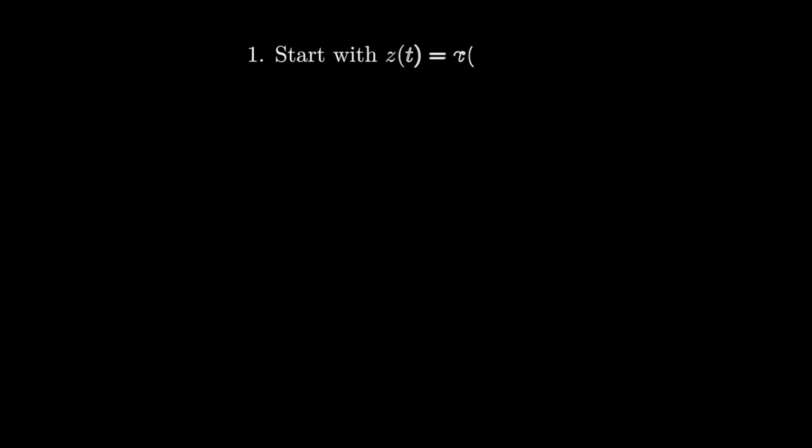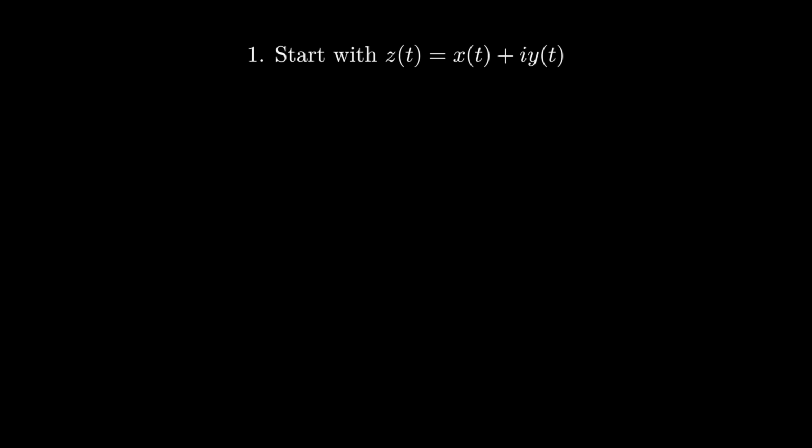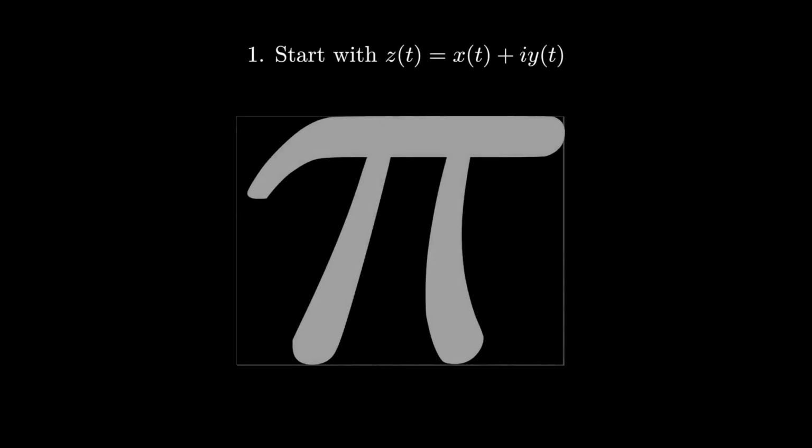The last thing I want to mention is that the entire procedure discussed in this video assumed that we started with a complex function that traced out a square. Of course, we didn't have to choose a square. In fact, we can choose any shape we'd like, and the procedure is exactly the same. All we have to do is read in a file containing xy coordinates of the points along the trajectory, and then assign them time values.